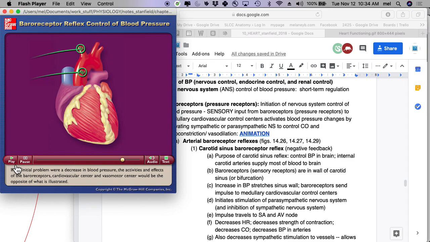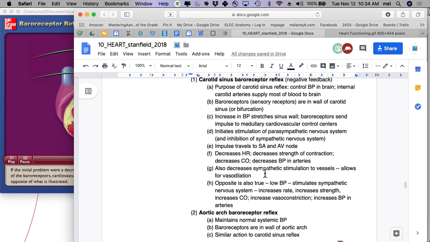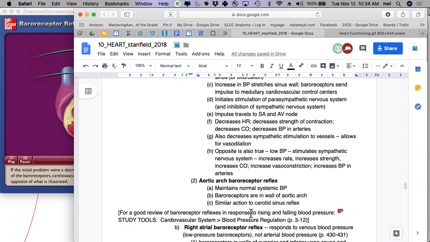Good. If the initial problem were a decrease in blood pressure, the activities and effects of the baroreceptors, cardiovascular center, and vasomotor center would be the opposite of what is illustrated. Make sense? Yeah? Okay. So that's the carotid sinus reflex and the aortic arch reflex.